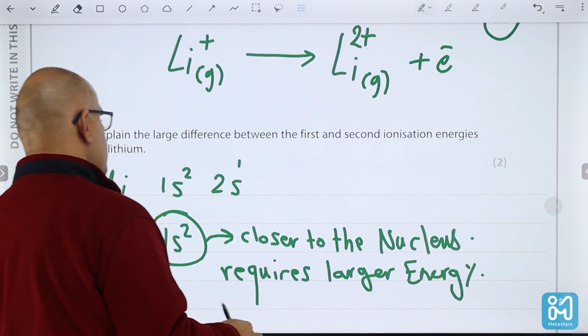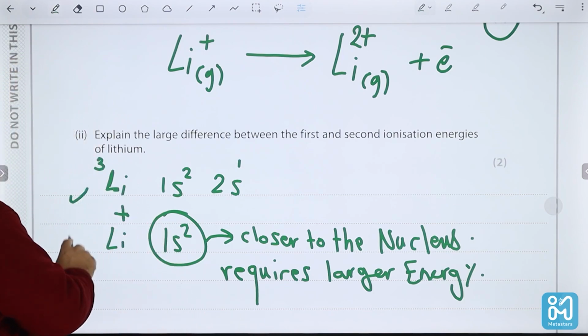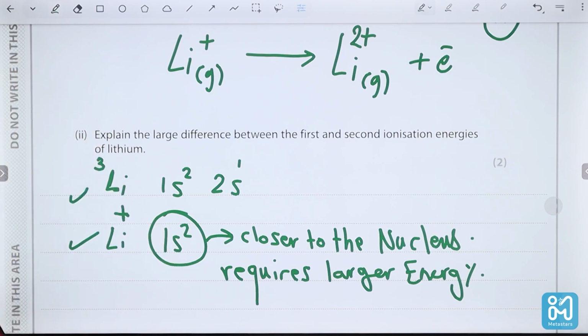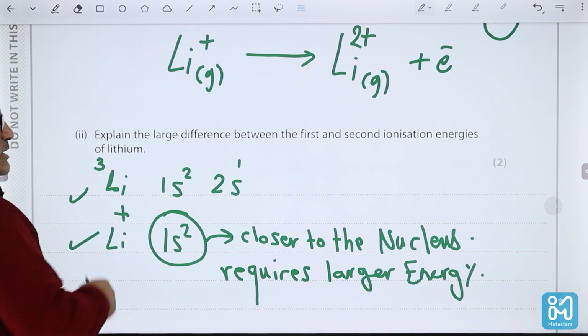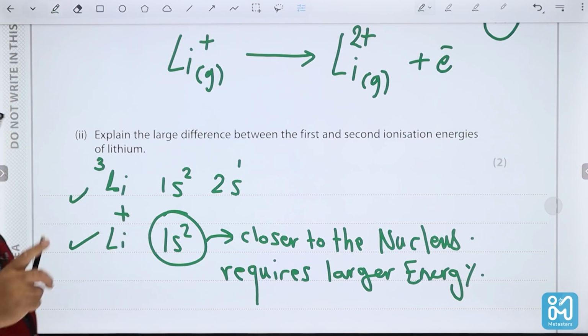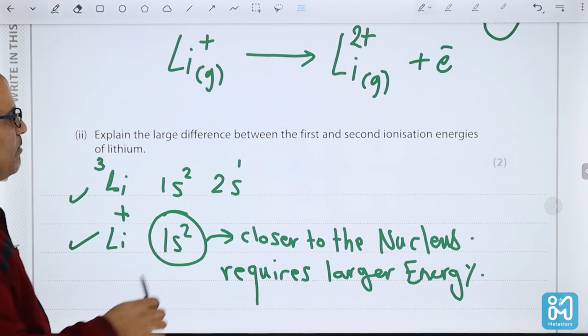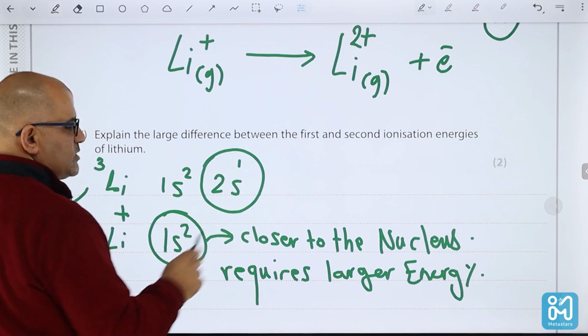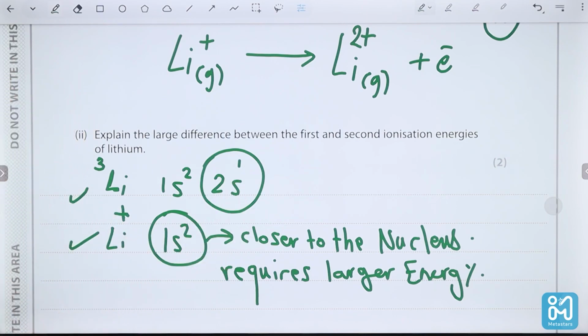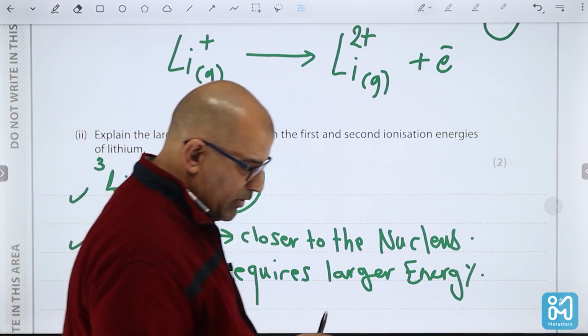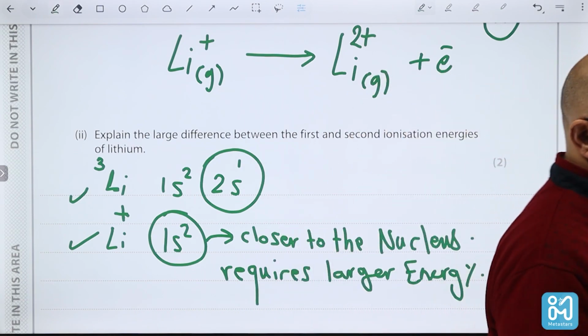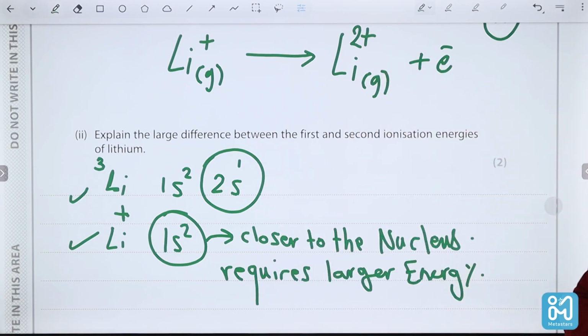So what we can write is that in Li+, the electron is removed from 1s2 compared to 2s1, which requires a higher energy to overcome the stronger attraction force with the nucleus.